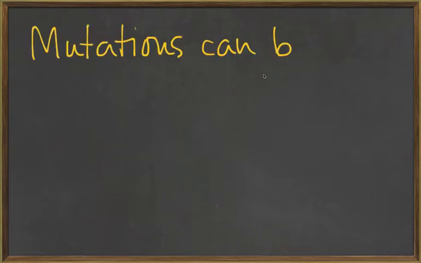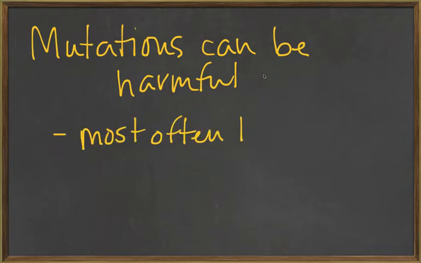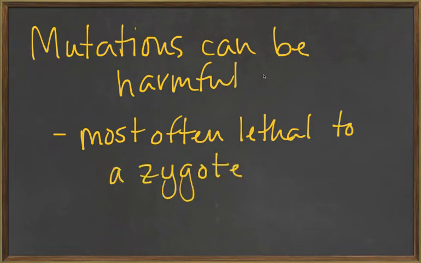Now, on the flip side, if it can be neutral and it can be beneficial, mutations can also be harmful. So you only have three options. It's either neutral, where you don't see any effect from it. It is beneficial, so it helps you survive, or it is going to be harmful. These are most often lethal to a zygote, which means that the zygote will not come to fruition.